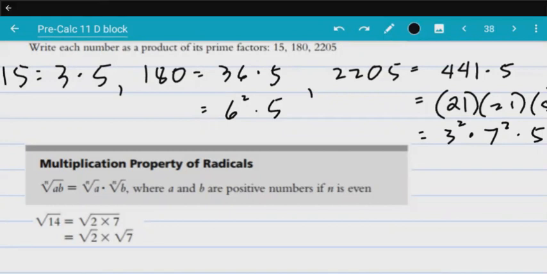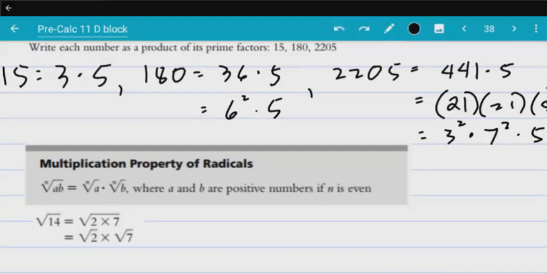All it's saying is this: if you have a radical with an index, and the radicand, the number inside, is the product of two numbers, A and B, you can split that radical into two radicals wherein the index would be the same as the original. One radical would have factor A, the other would have factor B, and the two radicals are being multiplied right here.